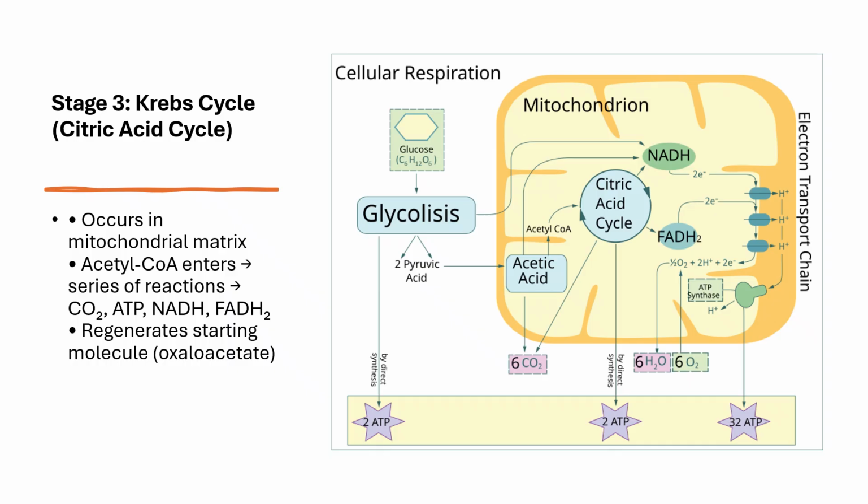It ends by reforming oxaloacetate, so the cycle can keep turning. Think of it as the cell's energy carnival ride, round and round, always producing more outputs. It's slower than glycolysis, but a major part of the ATP harvest.